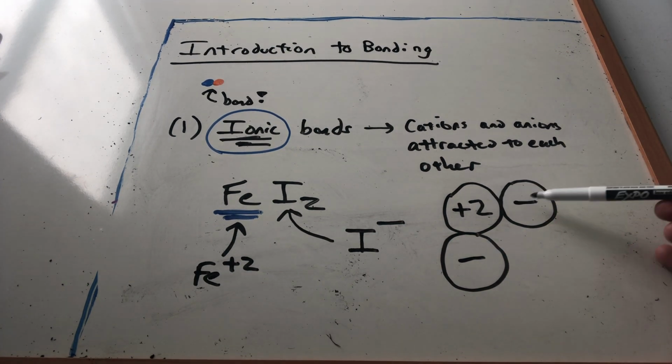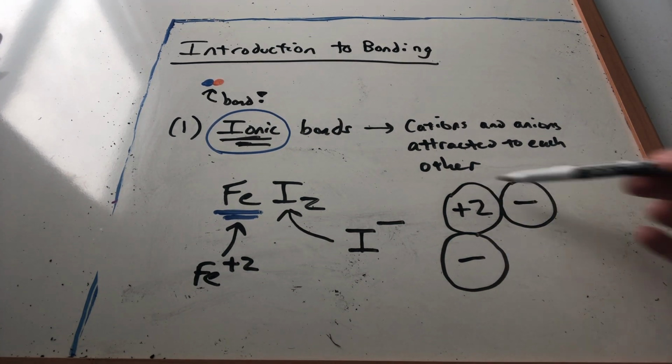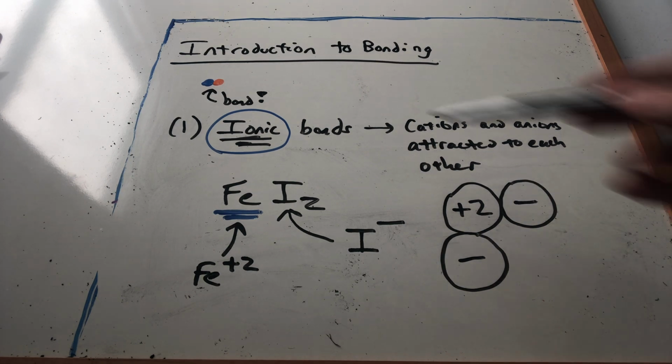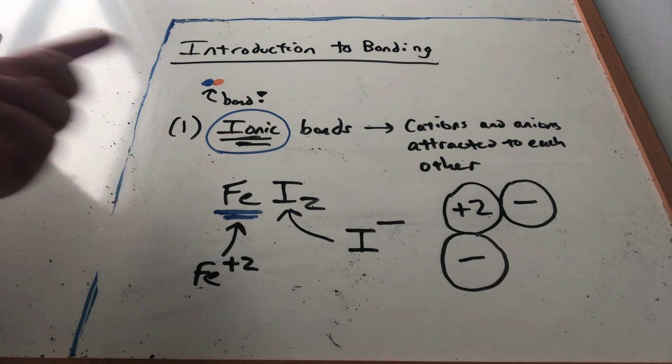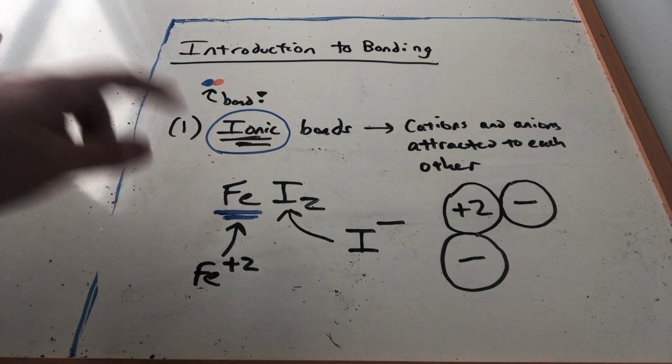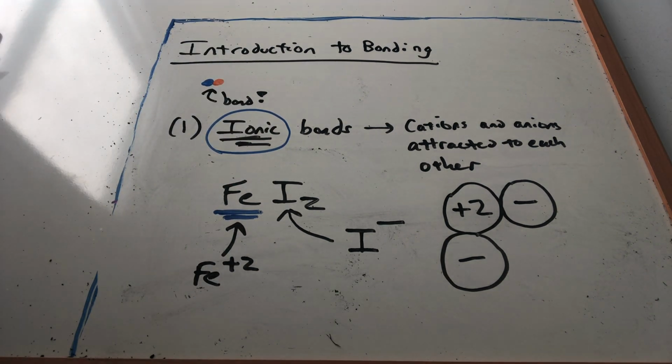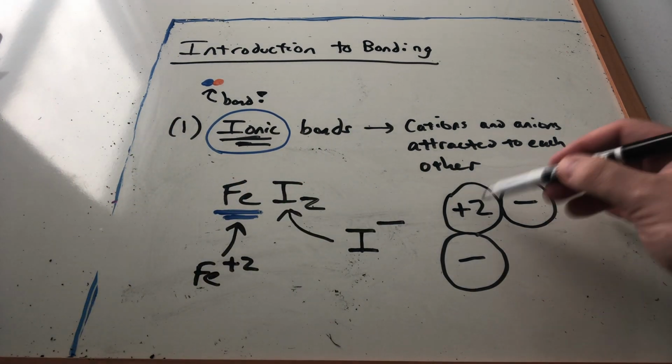I have a +2 and I have 2 minuses. I get a total charge of 0. That's how we view this compound right here, which is actually iron 2 iodide. Don't worry about naming quite yet, but that's what this actual compound looks like from the fundamental standpoint of balancing charge.